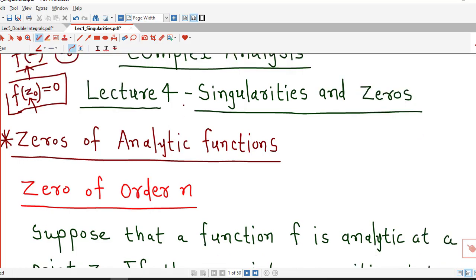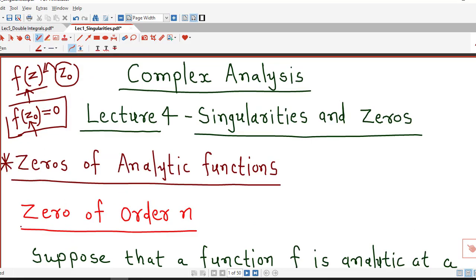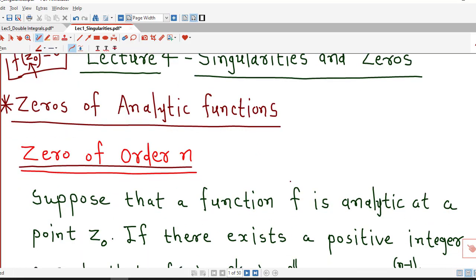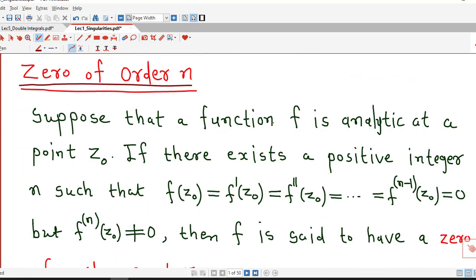Now here we are going to define zero of order n. So what will be the order of this zero of a complex function? For that we consider that suppose a complex function f is analytic at some point z0. So the function is analytic at z0, that means there exists a neighborhood of z0 such that the function is differentiable at every point in that neighborhood.